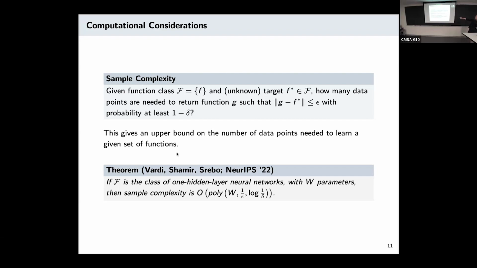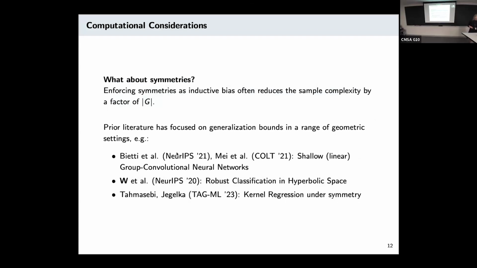And you see here, with the parameter budget W, the polynomial dependency. So that's good, right? Generally, polynomial time means that, at least from the perspective of sample complexity, it's efficient. So that's good news. Now we can ask, what about symmetries?